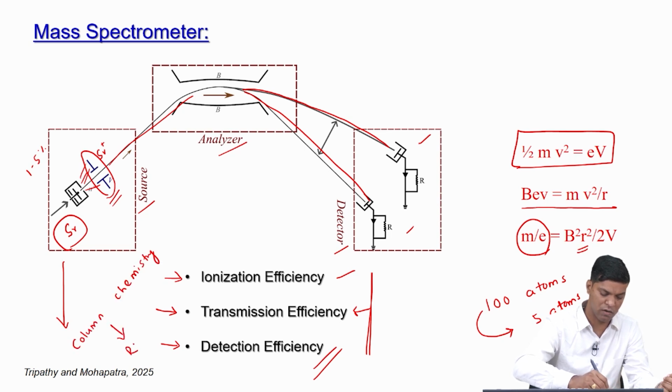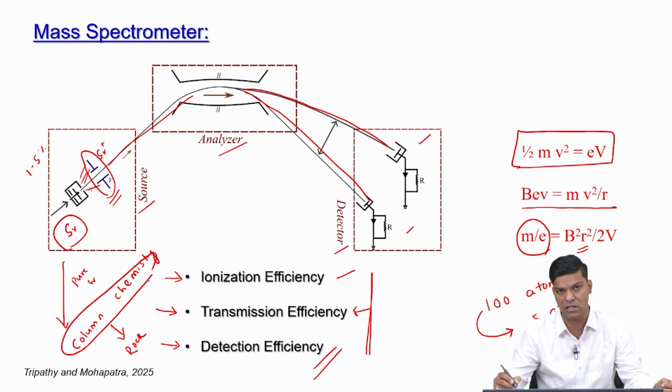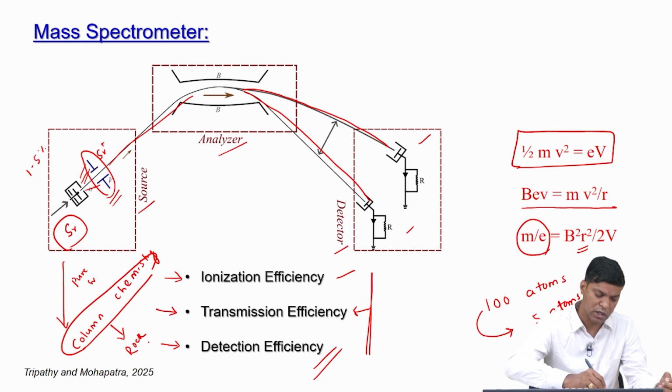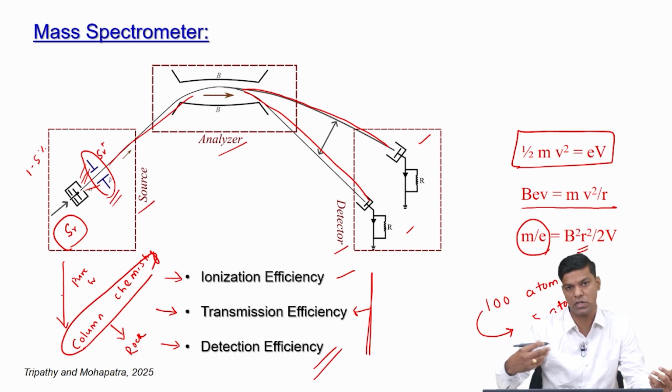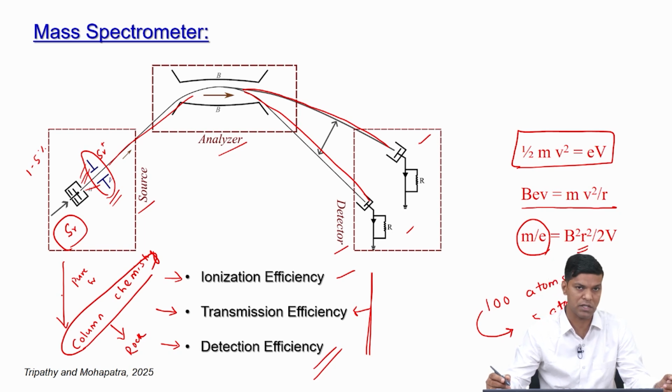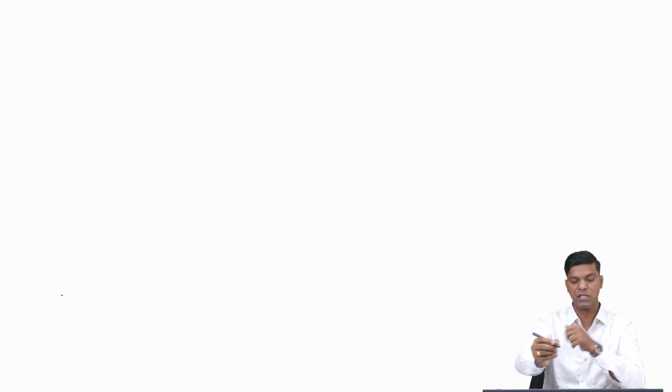You have a rock, and that rock goes through column chemistry to get pure strontium, and this column chemistry is also not 100%, it varies from 60 to 80%, and for that reason there is no way you can track back the amount of strontium that was there in the rock or whatever samples you processed, and hence you need to add a tracer to find the concentration. And that is where isotope dilution becomes important.